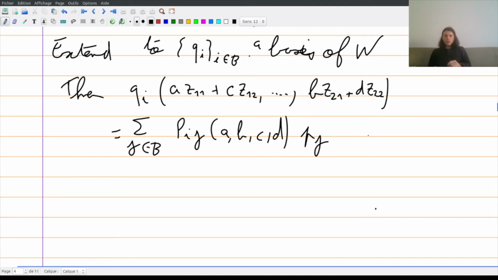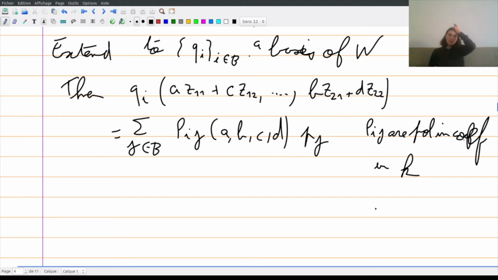And the P_ij, from one side, you just separate the indeterminates a, b, c, and d, the coefficients of the matrix.